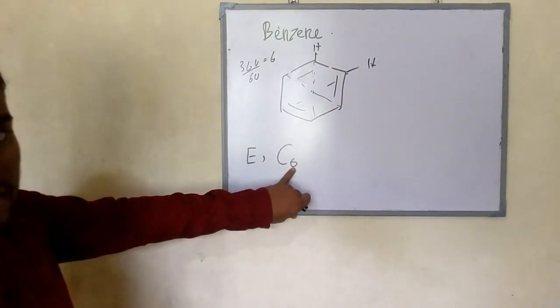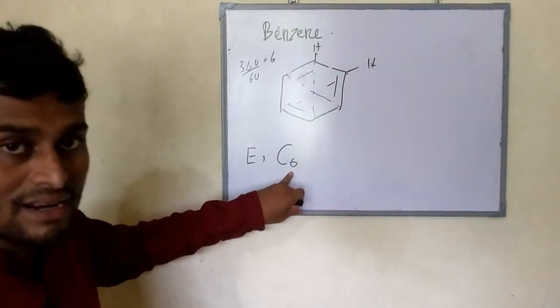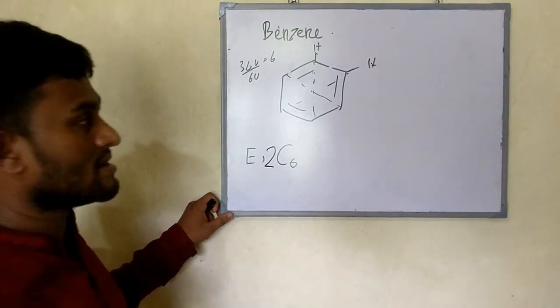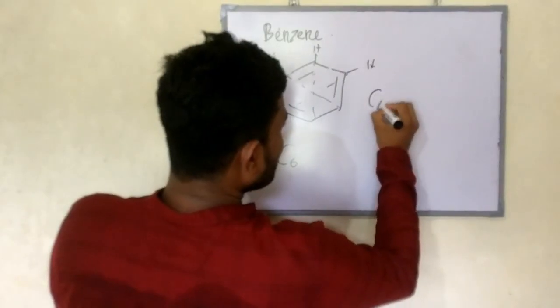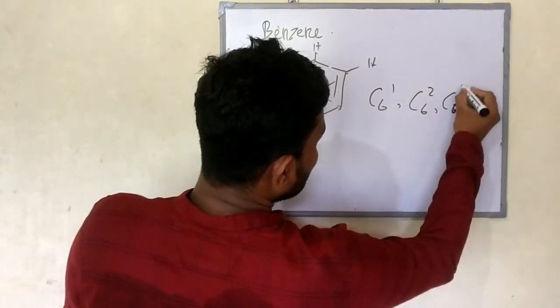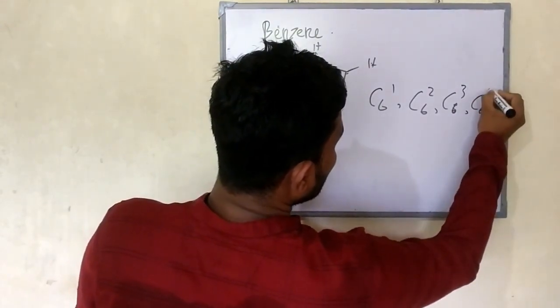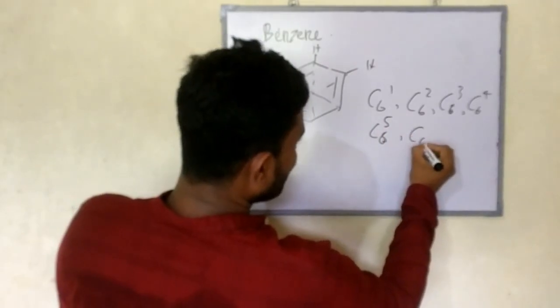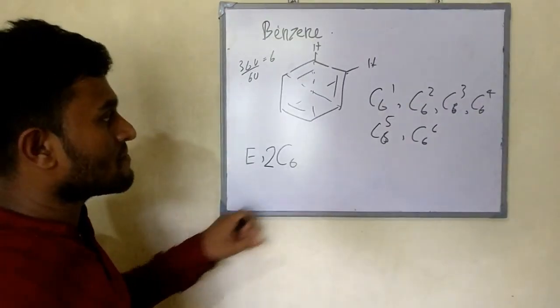So C6 is possible, but if you write C6, you should write 2C6. Why? C6^1, C6^2, C6^3, C6^4, C6^5 and C6^6 are there.